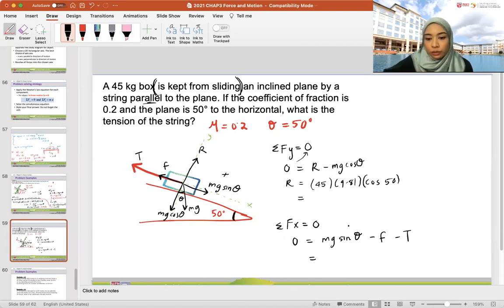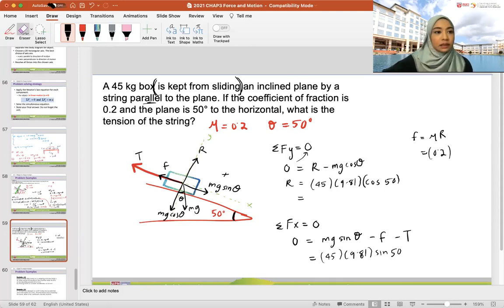Okay, so now we know what is our mg sine theta. Let me just put in the values: 45 times 9.81 sine 50. Friction, kita lupa nak kira friction. So friction is mu R, 0.2 R, whatever that is. Nantilah kita letak R. Ada orang dah kira R tak? Someone tell me what R is.